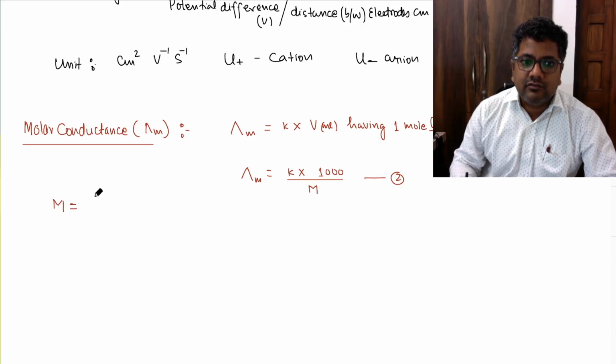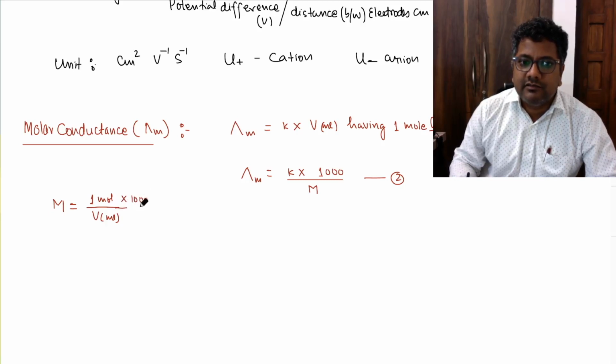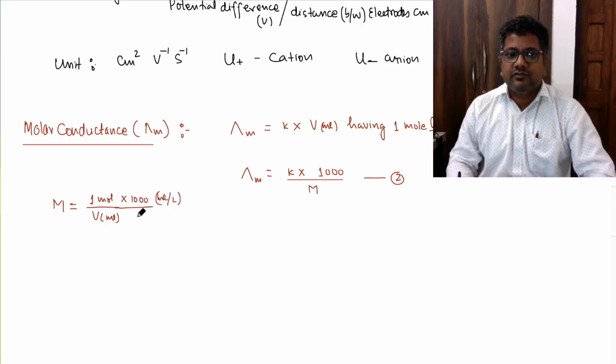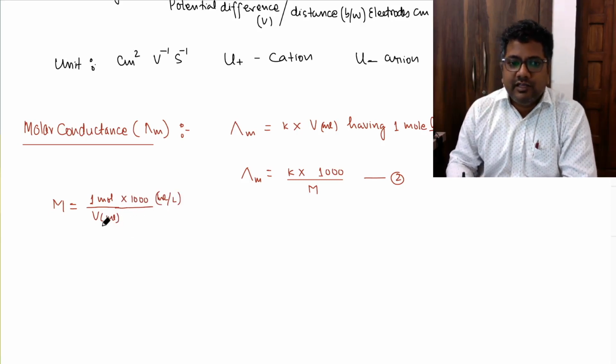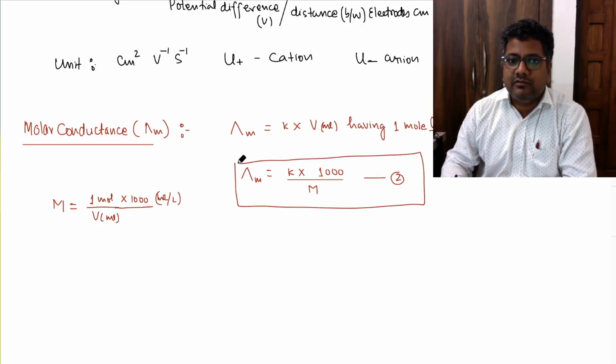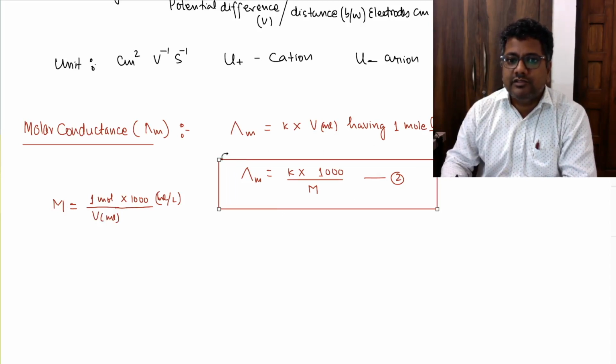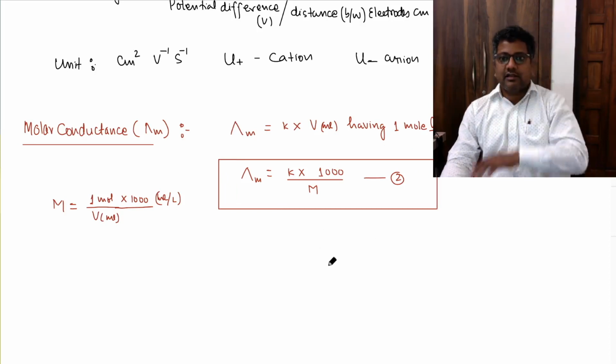Molarity is equal to 1 mole divided by V in ml, multiplied by 1000 ml per liter. All of you know this formula. So in place of V, you can write 1000 by M. This is the important formula you will frequently use for the calculation of molar conductance.